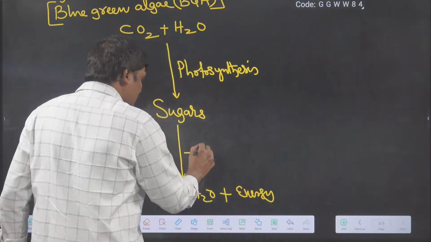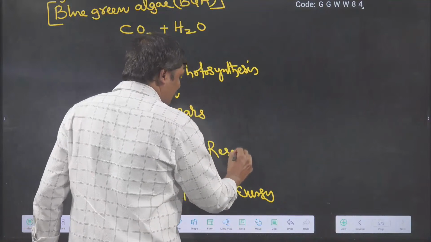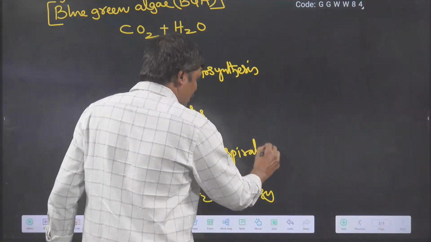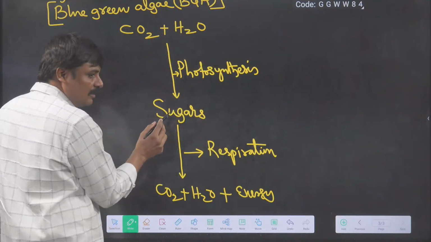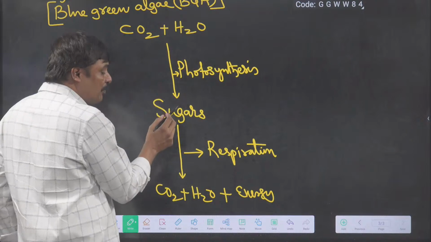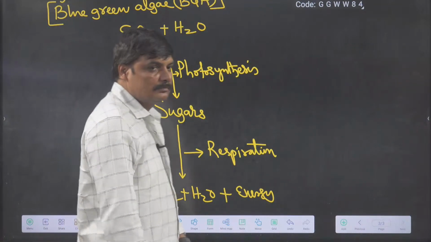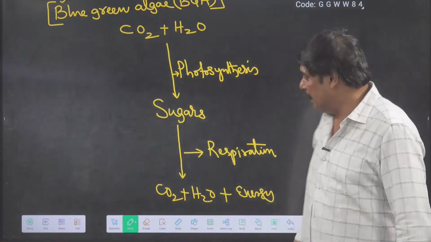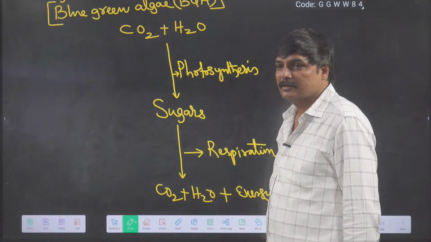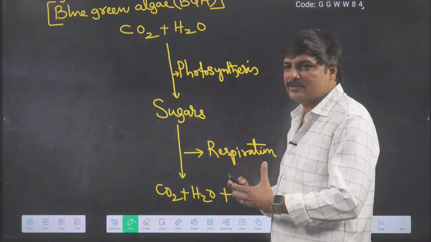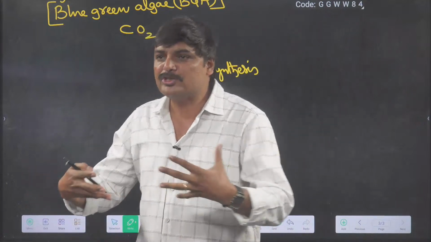This process is called respiration. The end products of photosynthesis are the substrates for respiration. And the end products of respiration are the substrates for photosynthesis. Therefore, photosynthesis and respiration are antagonistic processes. They are opposite processes.